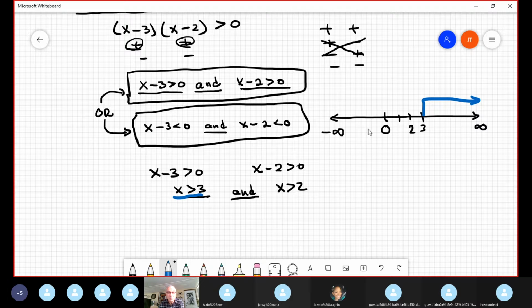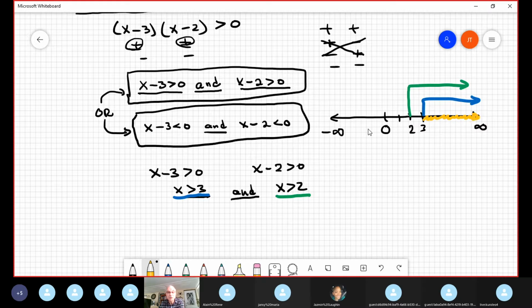This is the blue part, and the green part is greater than 2, in that direction, exactly the same. Therefore, the AND connection is the common part between the blue and the green. It's obvious that the common part between the blue and the green is that part.